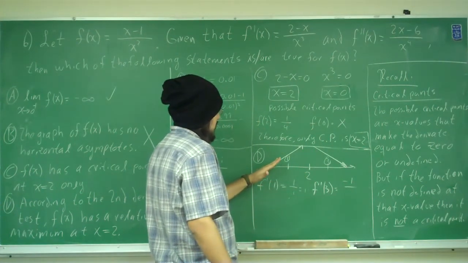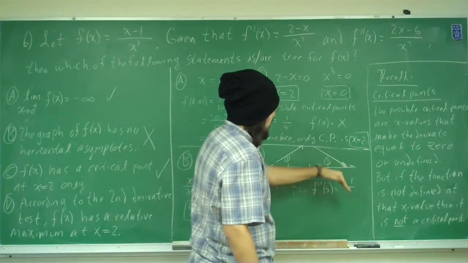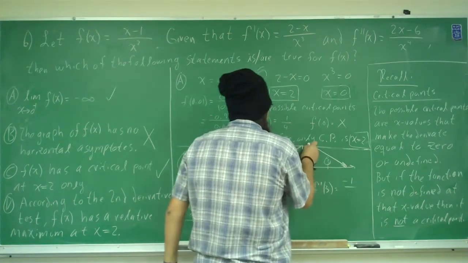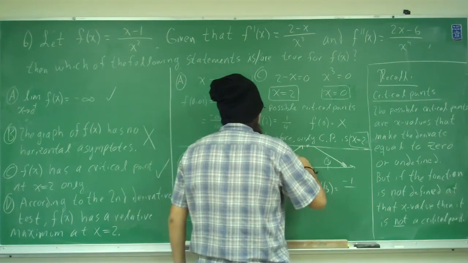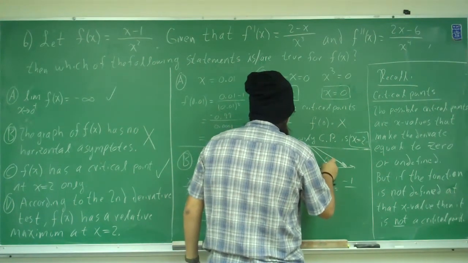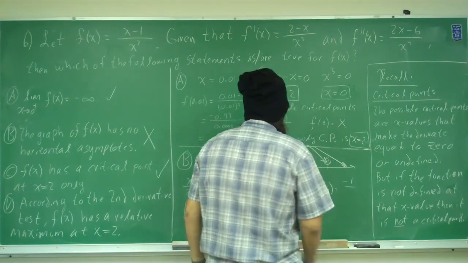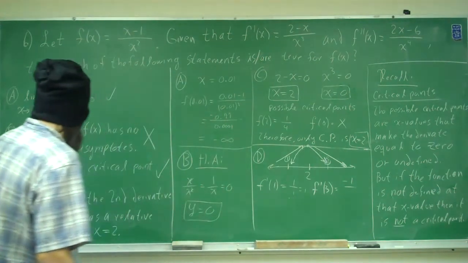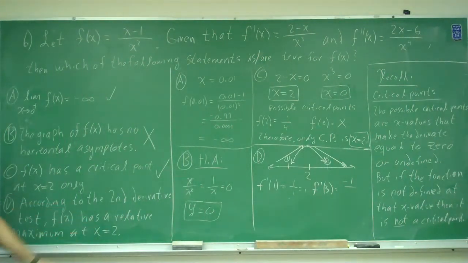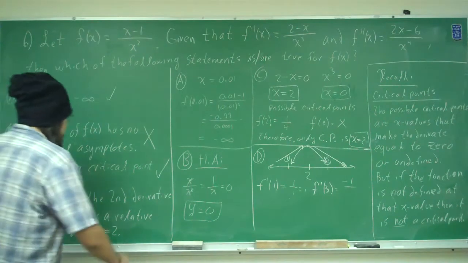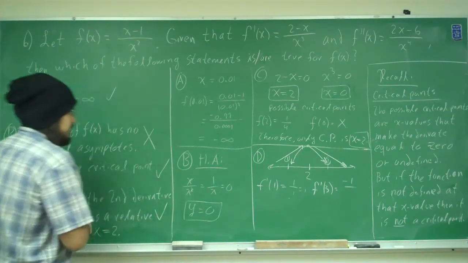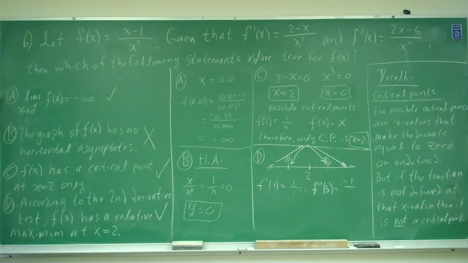In order for this graph to go up and then come down, to increase and decrease, there's got to be a maximum point here. Therefore, there is a relative maximum at x equals 2. So D is true. Therefore A, C, and D are true. B is the only false one.